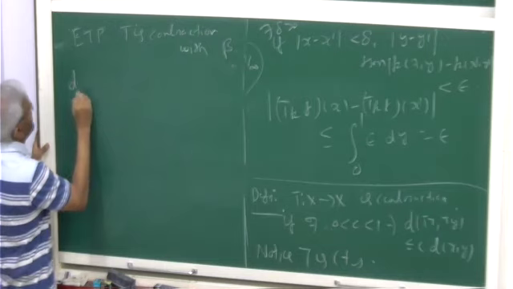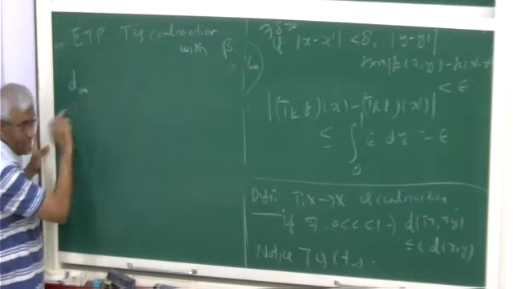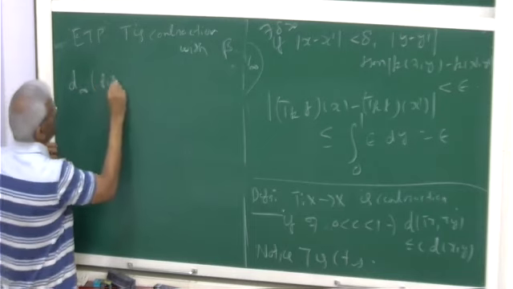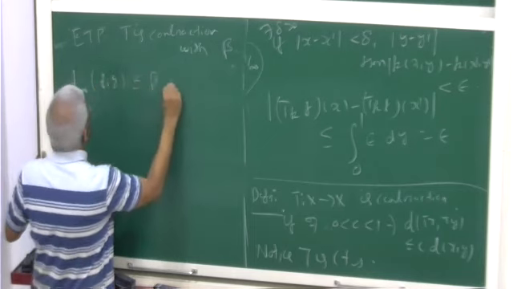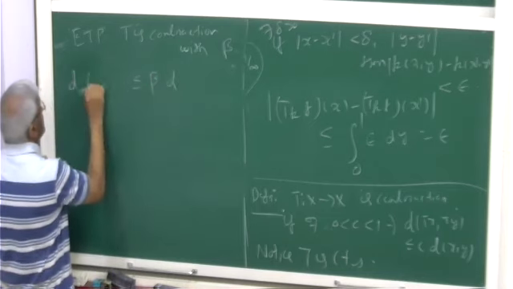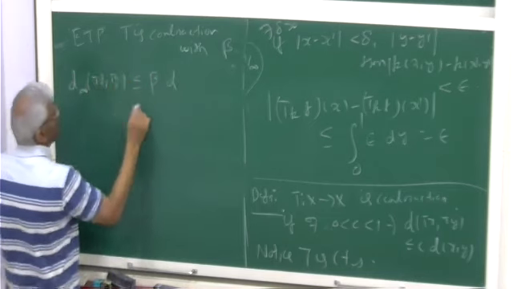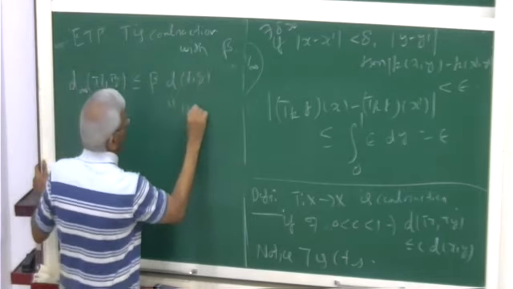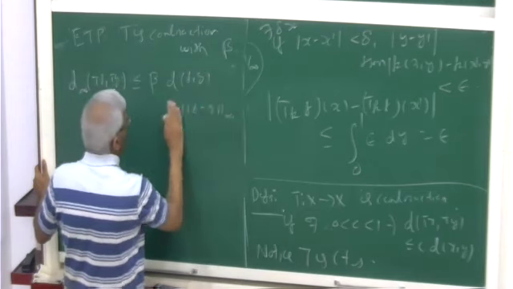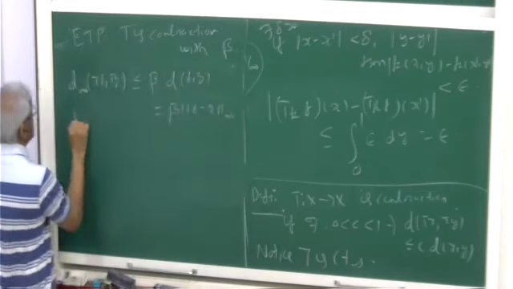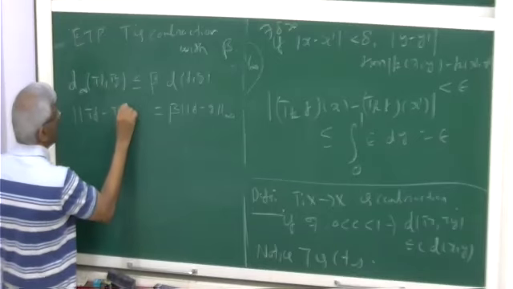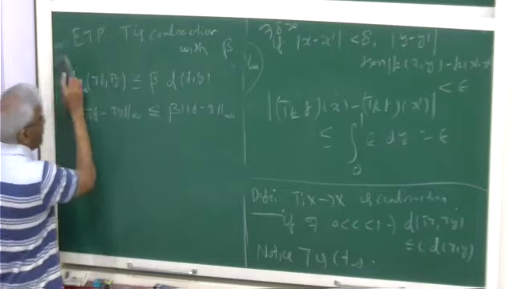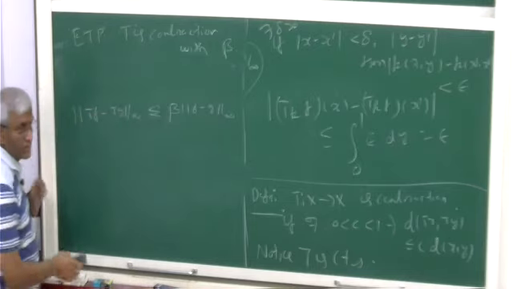We have to prove that d infinity of Tf and Tg is less than or equal to beta times d infinity of f and g. This is the norm of Tf minus Tg infinity, less than or equal to beta times norm of f minus g infinity. We just have to prove this, right?